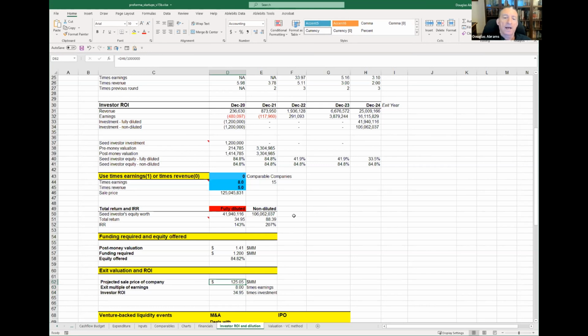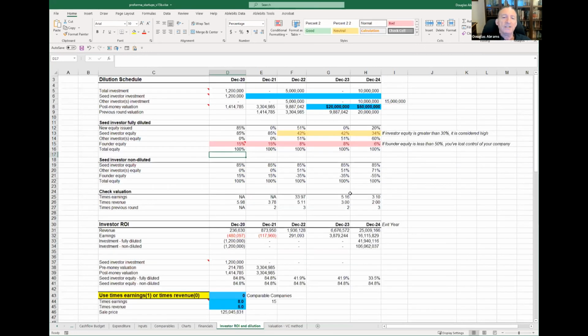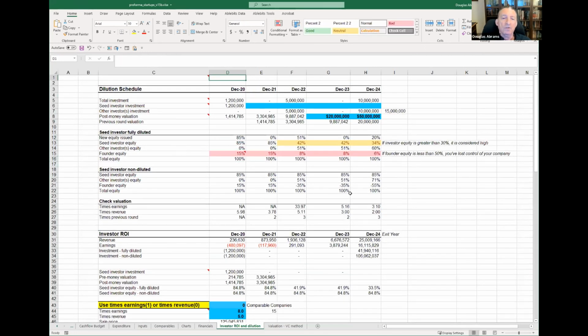Okay, now I mentioned that the model gives us the ability to participate. So let's say that the investor decided to participate in the second round.